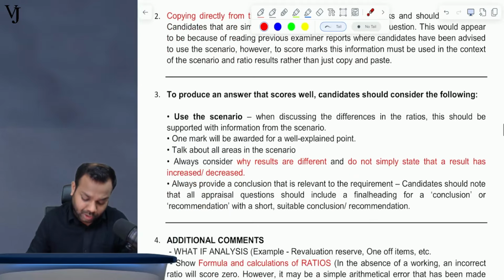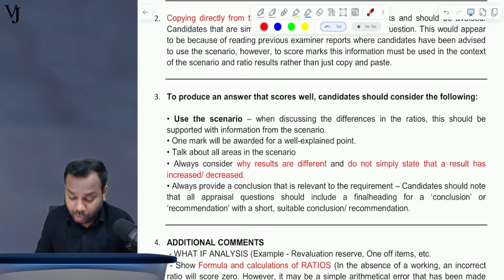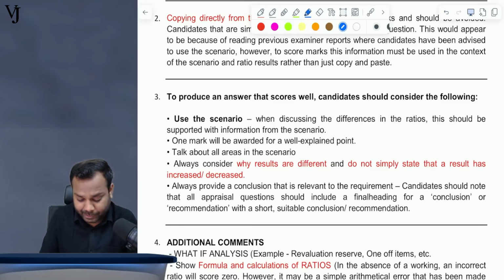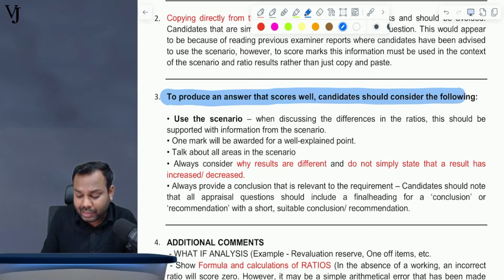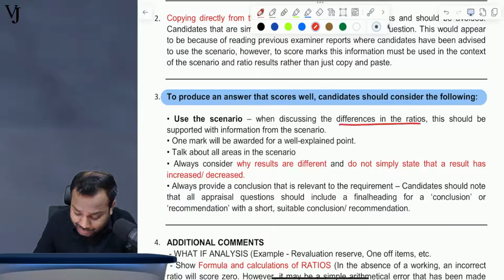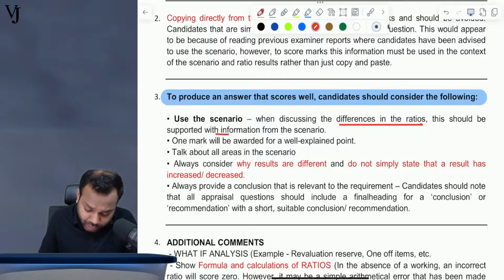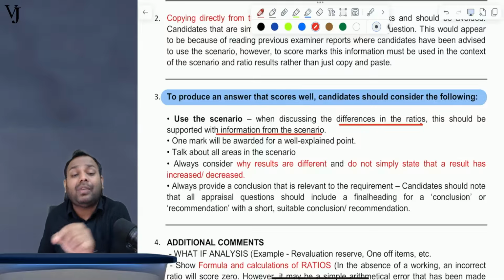Now the ACCA examining team is telling you how to produce the best answer for interpretation. It is telling you, use the scenario when discussing the differences in the ratios. It should be supported with information from the scenario.